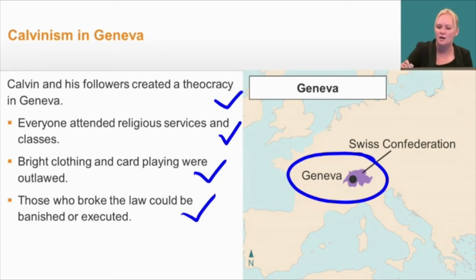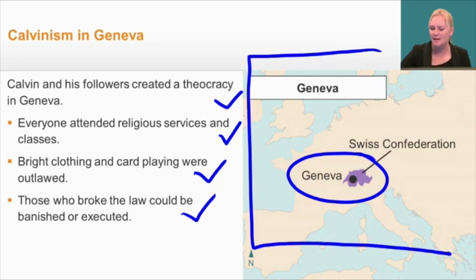But here, we're actually seeing where a Protestant church, Calvinism, is taking over and gaining popularity over one entire city. There are all these similarities because their power is growing, their influence is growing, and everyone is attending these religious services and following the rules of this new Protestant religion.